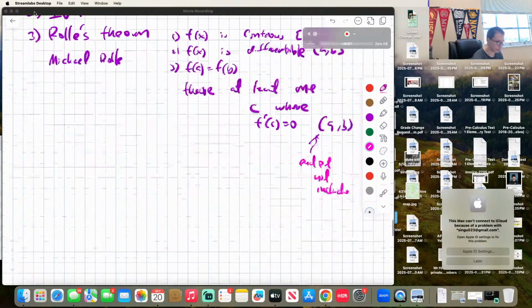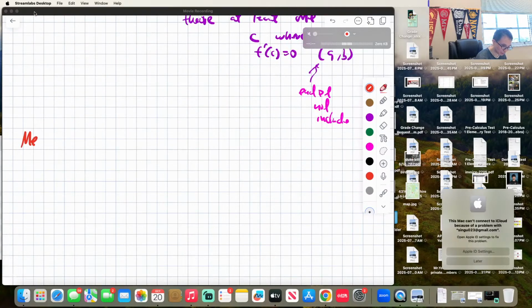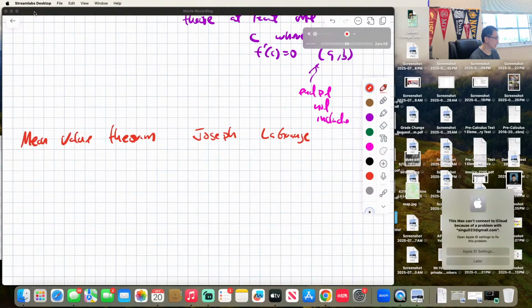Now, who devised the mean value theorem? The mean value theorem happened about 30 to 40 years after Michael Rolle, by another person named Joseph Lagrange. It doesn't really matter if you know the name. Joseph Lagrange was actually a justice in the court, and he's a mathematician.